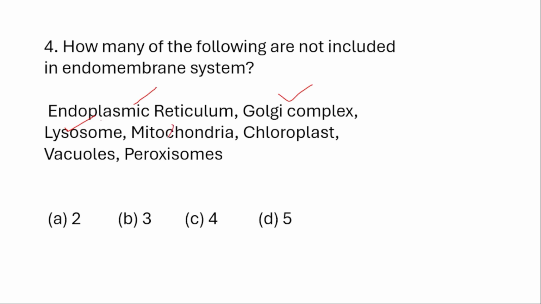Mitochondria, no. Chloroplast, no. Vacuole, yes. Peroxisome, no. So among these 7 we have 1, 2, 3, 4 endomembrane systems, isn't it? So the answer is the fourth one.